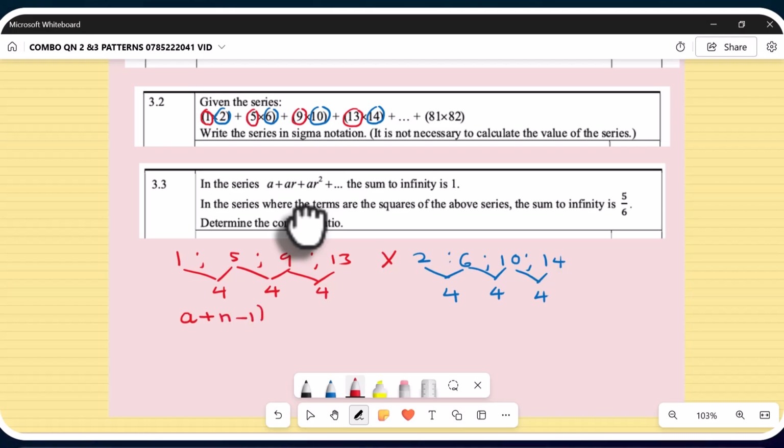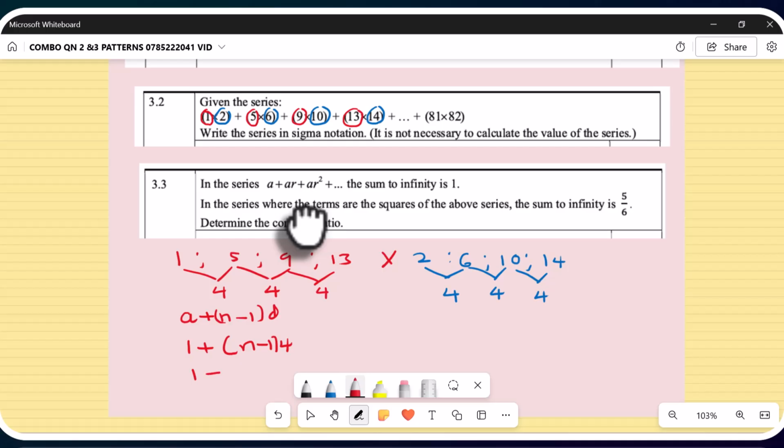Okay, so now to get the arithmetic series, to get the sigma notation, we need the Tn which you see here together with the number of terms. Now to know the number of terms, I can use n of these.